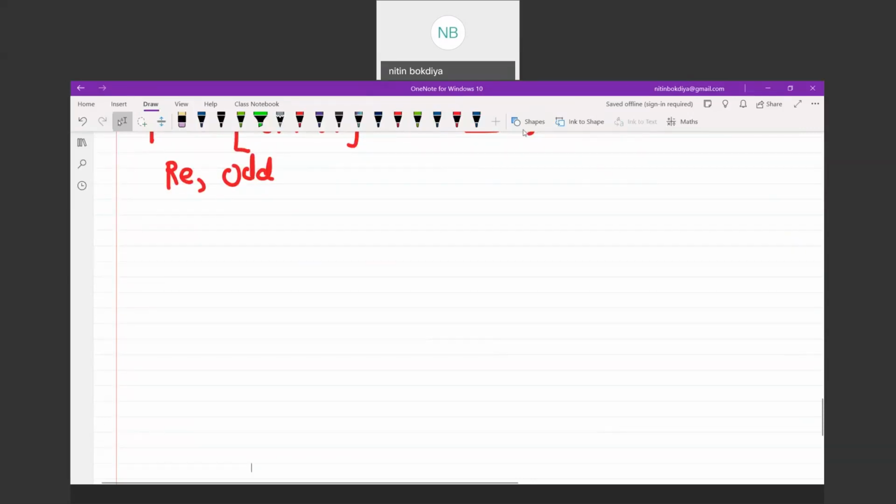Next property of Fourier transform is time scaling. Very good.